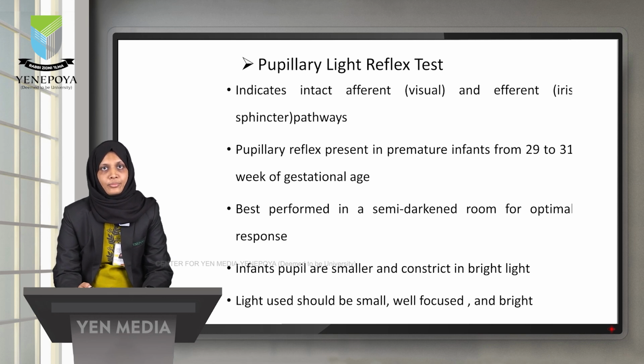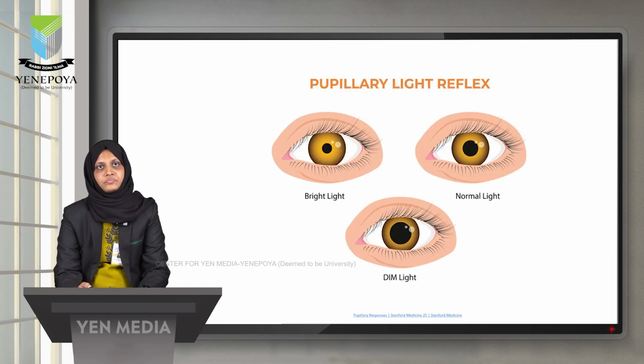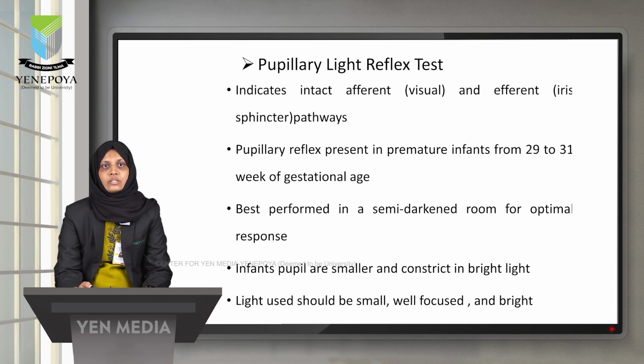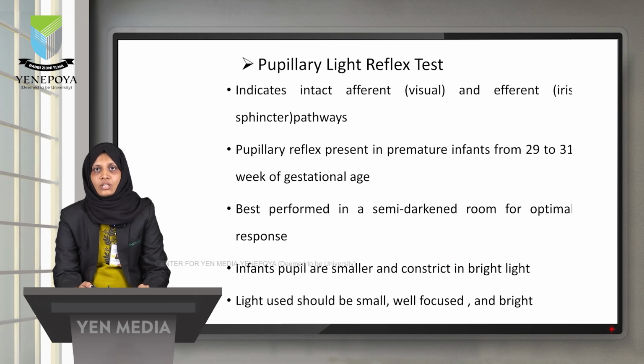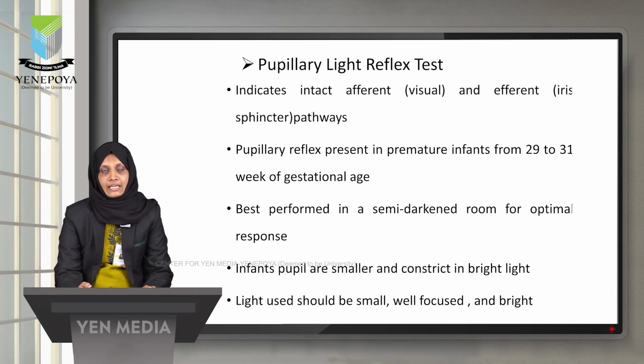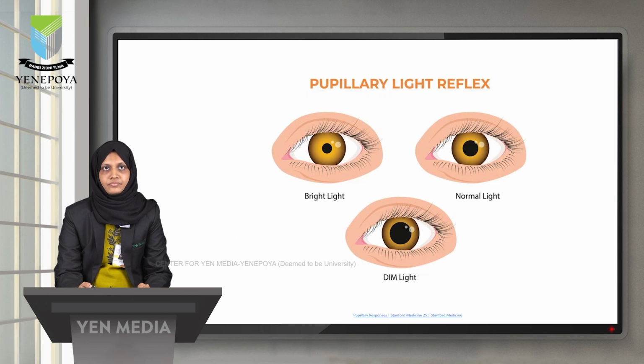It is best performed in a semi-dark room for optimal response. Infant pupils are smaller and constricted in bright light, as shown in the figure. In bright light the pupil should be constricted, but in dim light the pupil will be dilated. The light used should be small, round and bright to see a clear constricted pupil.